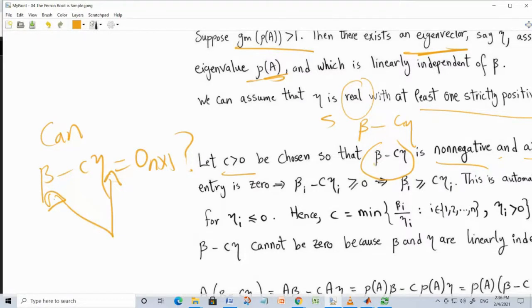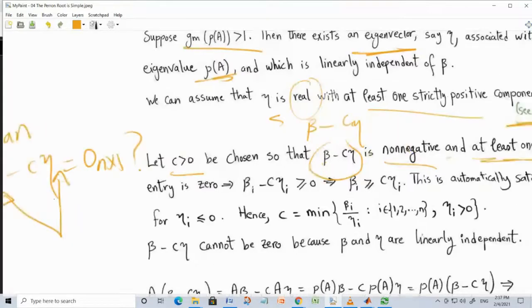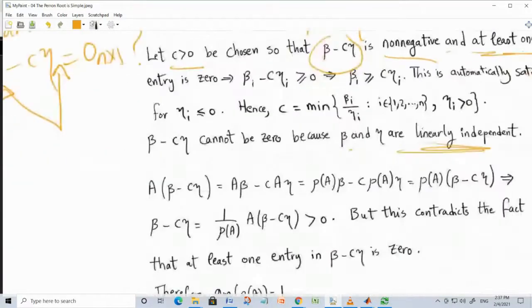We are assuming that the geometric multiplicity is greater than 1, which means that there is another eigenvector that is linearly independent of beta. So by this assumption, it's guaranteed that beta minus C eta will contain a 0 by design, but it cannot be the all 0 vector. Otherwise, we would contradict the linear independence assumption.